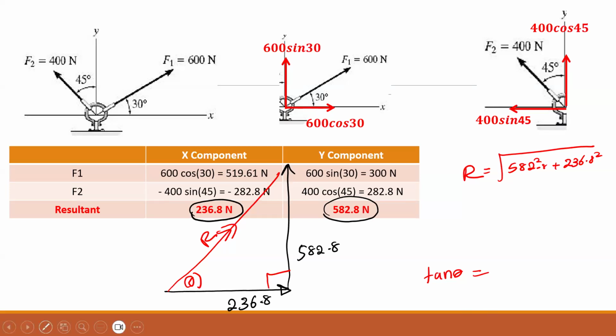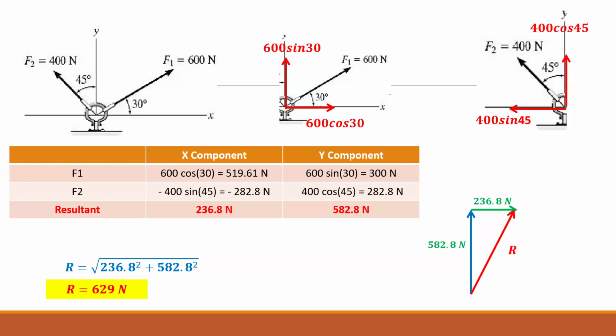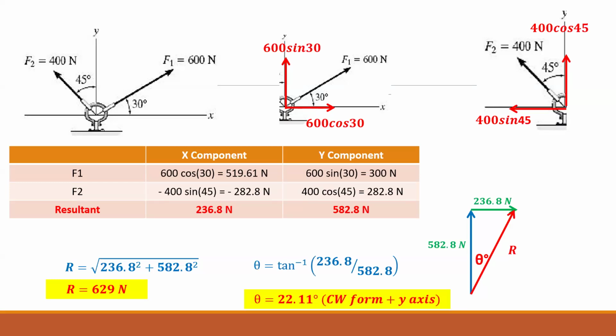When you finish, when you find it, let me know. Okay, we'll check your answers with mine. I think I got it. Okay, let me check. Did you get 629? Yep. How about the angle? 68 degrees.